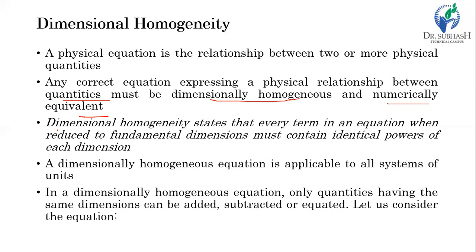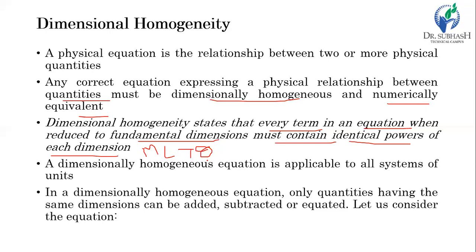Let's see the technical definition. Dimensional homogeneity states that every term in an equation, when reduced to fundamental dimensions, must contain identical powers of each dimension. The dimensions we have studied are M, L, T, and sometimes theta.